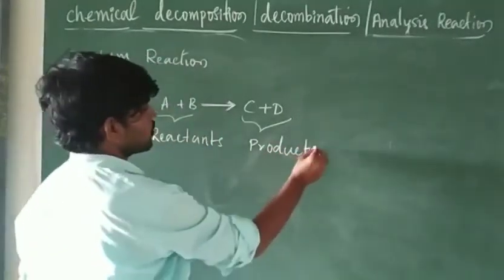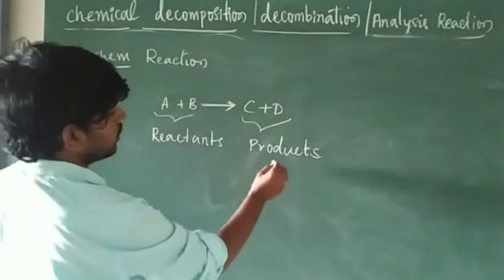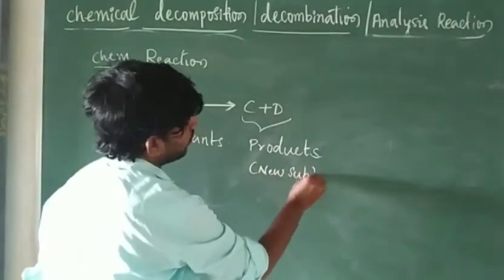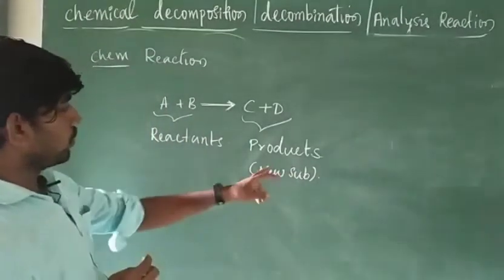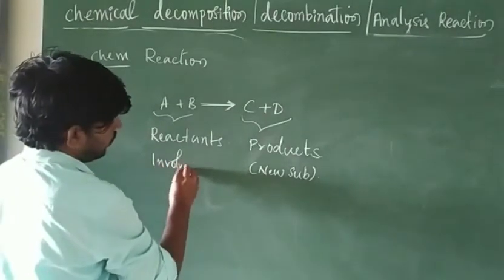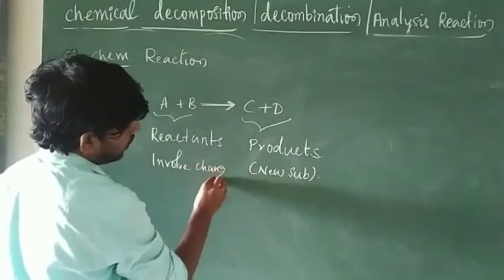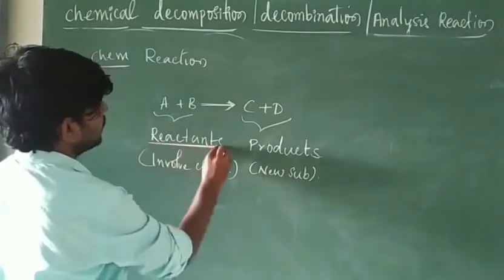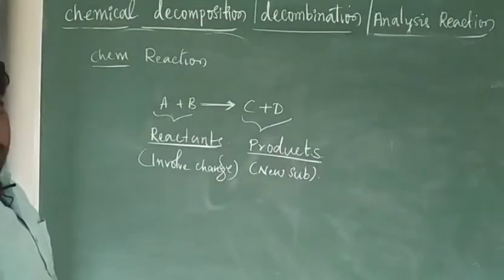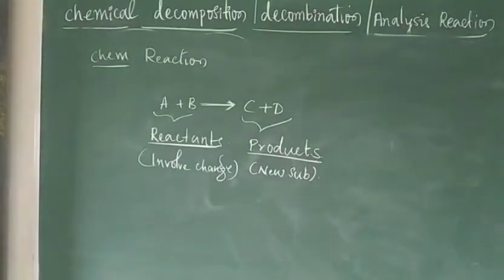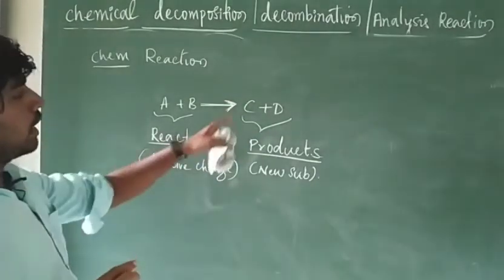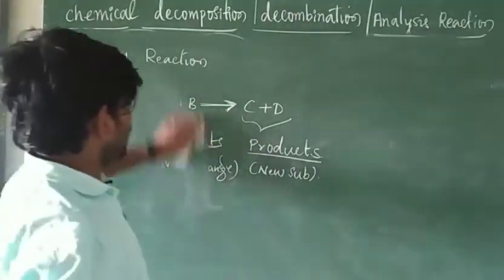If more than one, products. Remember, whatever new substance is going to form, we call product; which undergoes the change, we call reactant. You should remember this, and the arrow mark should always point towards the product. It should indicate the direction of the chemical reaction.